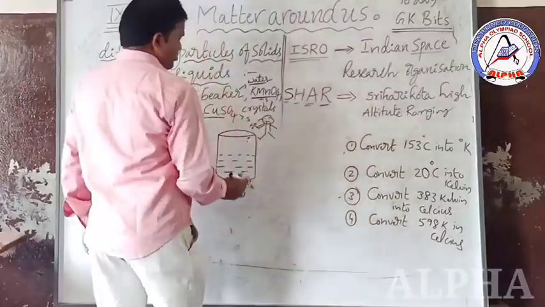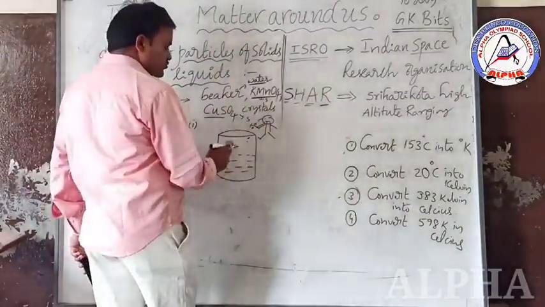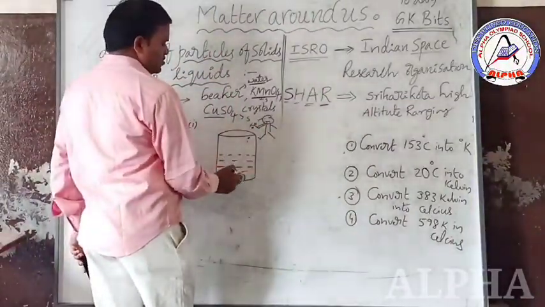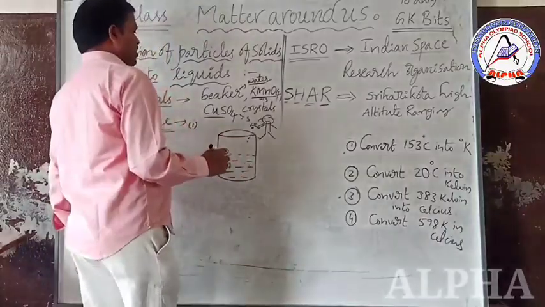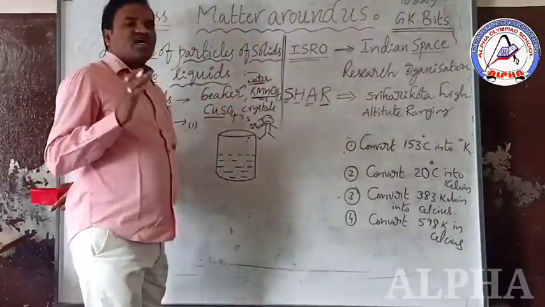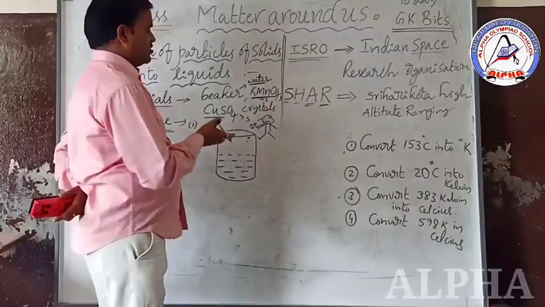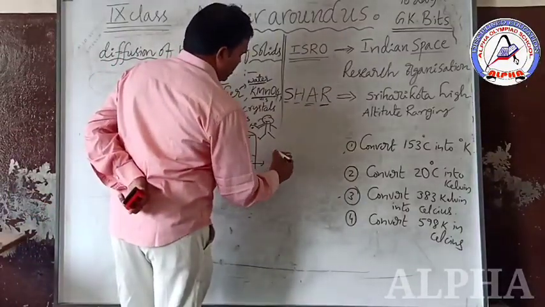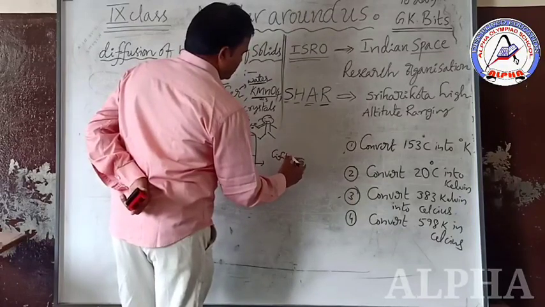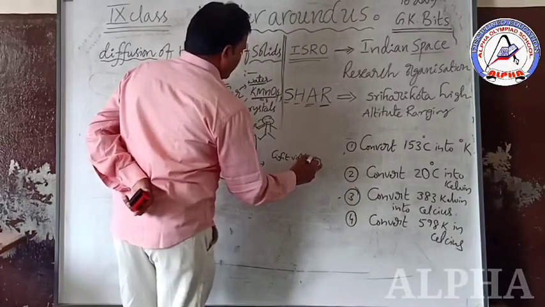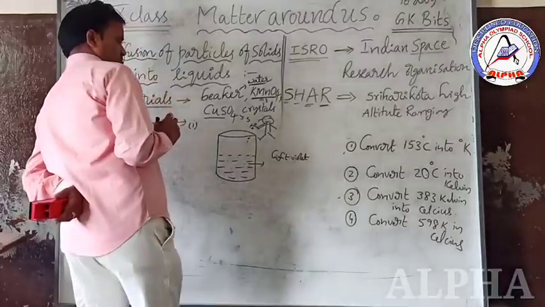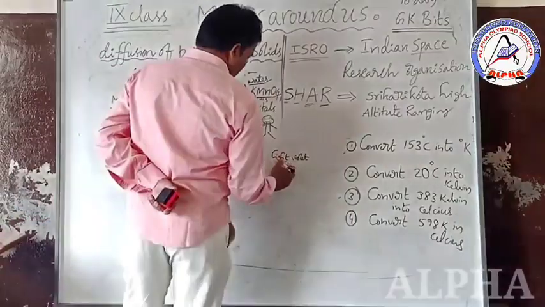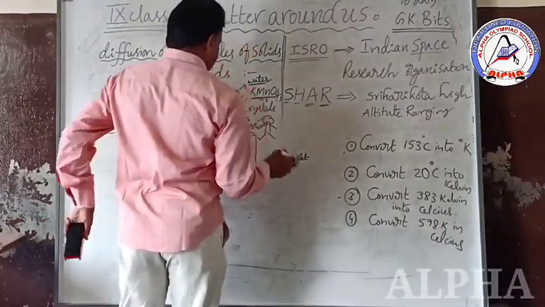After some time, the crystals are diffused into the liquid. And observe the color of the potassium permanganate in the water. It is light violet, and it is also pink.